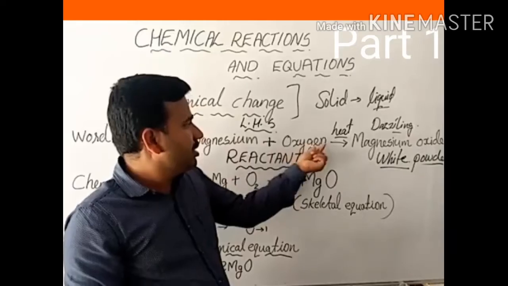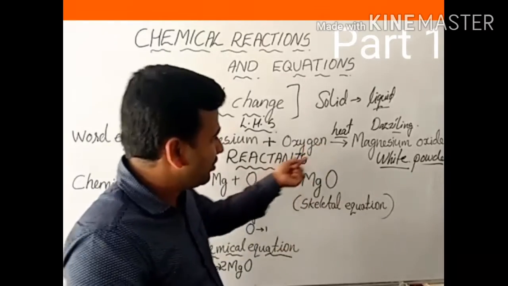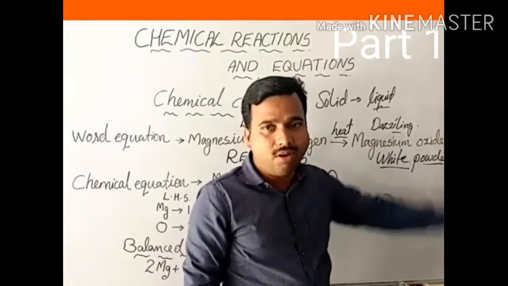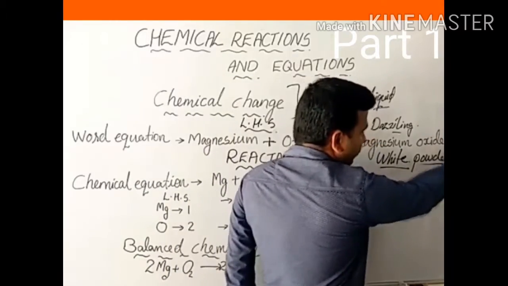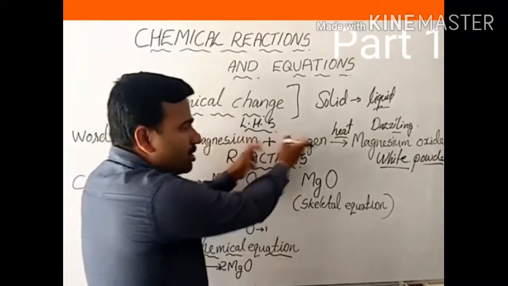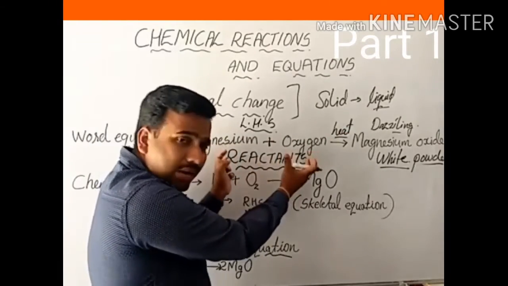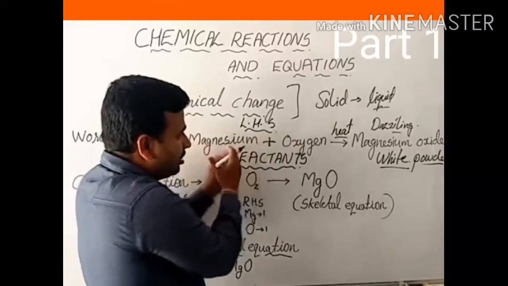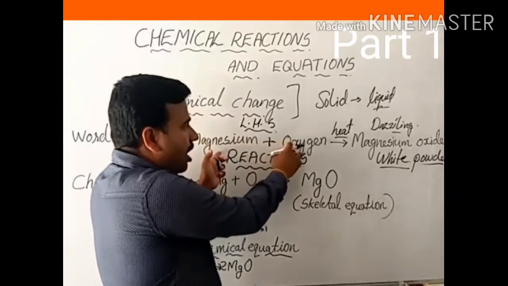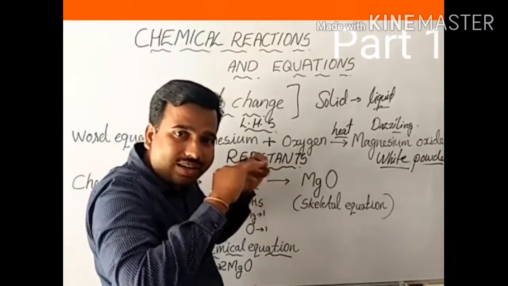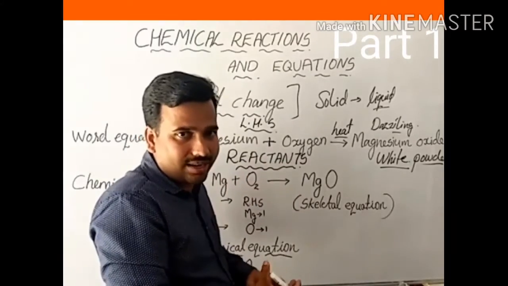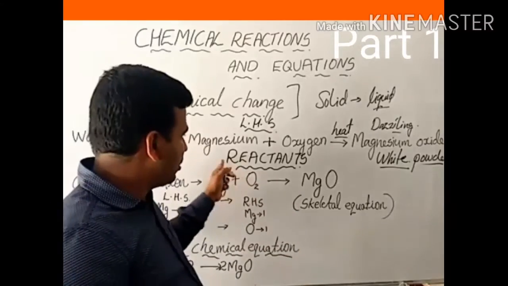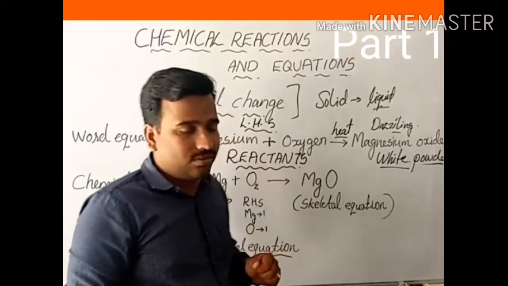Here magnesium reacts with oxygen so as to give magnesium oxide. There are no other products formed, so we are not adding any more plus there. Magnesium combines with oxygen, so that's why we are adding a plus sign here. The substances which are taking part in a chemical reaction are known as reactants.